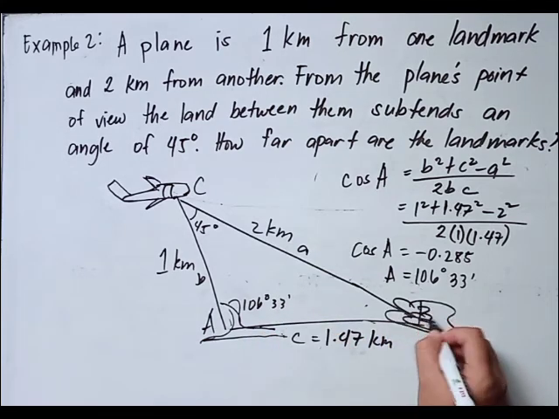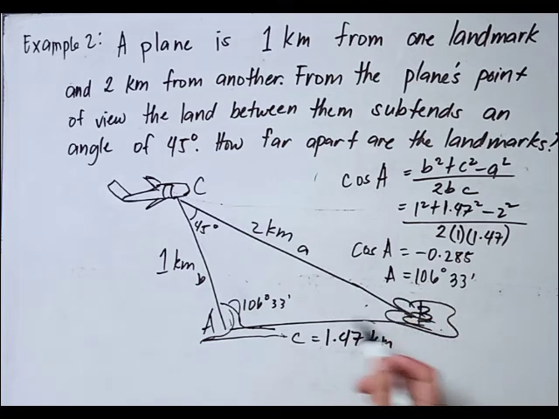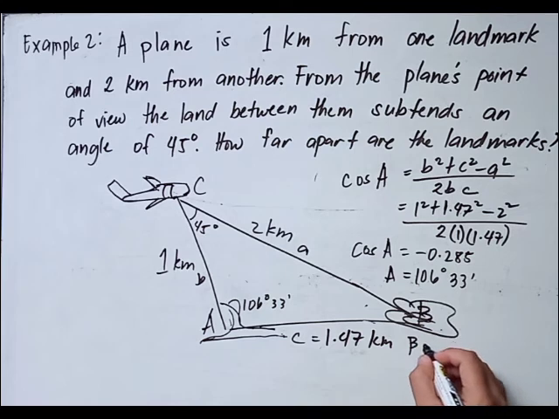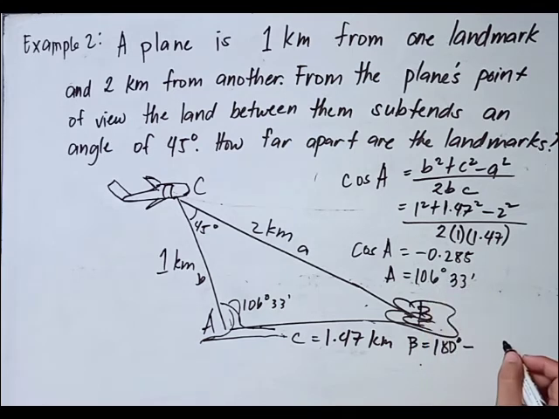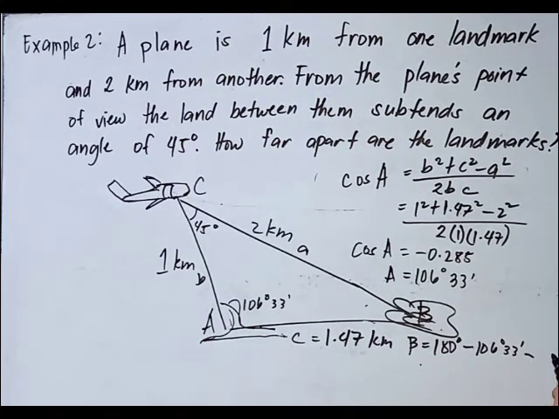Next, our angle B. To find angle B, let's just subtract angles A and C from 180 degrees. So B is equal to 180 degrees minus 106 degrees, 33 minutes, minus 45 degrees. We know that in 1 degree we have 60 minutes.